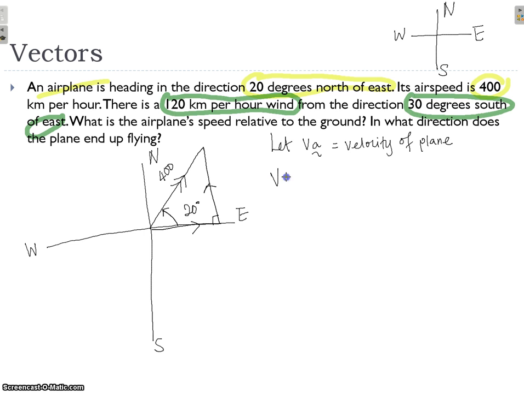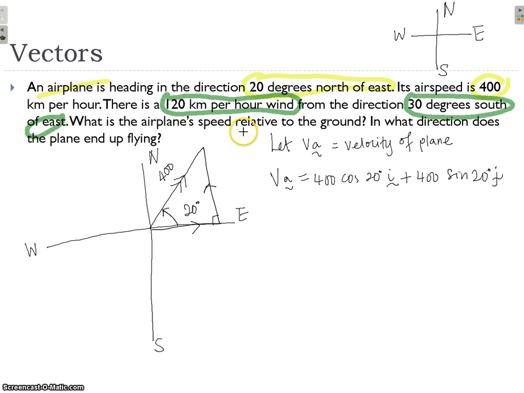So VA equals, for the horizontal component, 400 cos 20 i. For the vertical component, it's positive as well because it's going up, so we have plus 400 sine 20 j. So this is just the velocity of the plane.